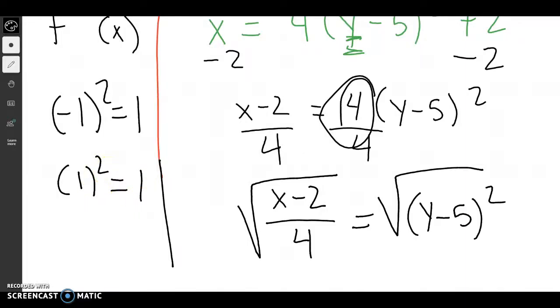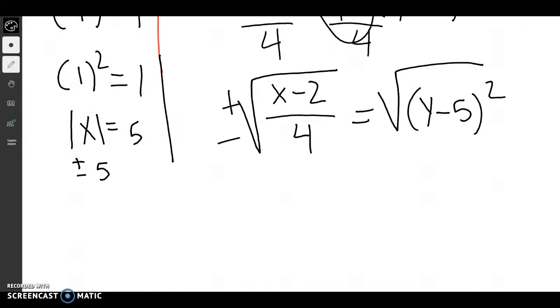If you ever have a function that makes positive and negative numbers become the same, you have to put a plus or minus. That's why when we had the absolute value functions, we would say it's plus or minus 5 for my answer. So I'm taking the square root to remove this 2, and I'd get a plus or minus.